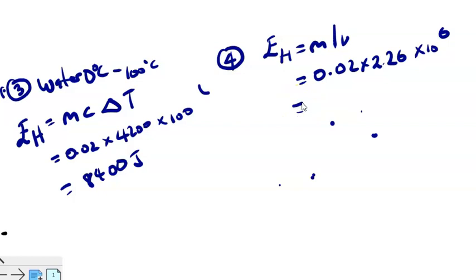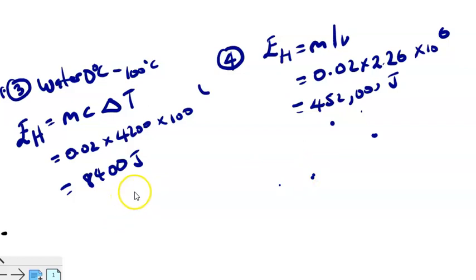And we multiply that there. Put that in my calculator. Give me a second. That's 26.1. All right. We end up with 452,000 joules.